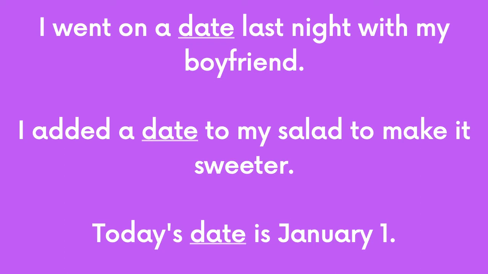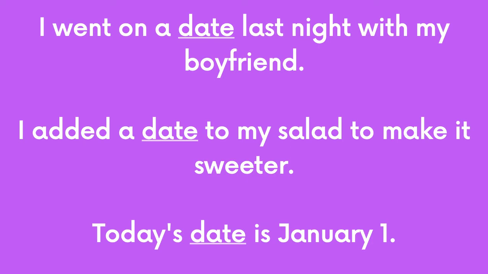The second sentence says, I added a date to my salad to make it sweeter. So in that example, we're talking about a fruit. A date is a type of fruit that can be used or, of course, can be eaten. And in the third sentence, it says today's date is January 1st. So we're talking specifically about a position in time, right?